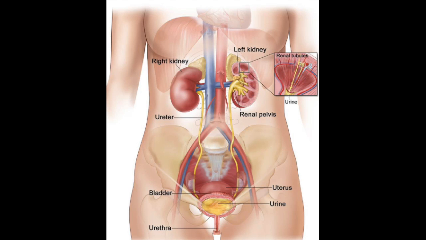The urinary bladder then connects to the urethra. If you are a male, then you have your prostate gland surrounding the urethra. But if you are a female, then you do not have a prostate gland. A prostate gland, sometimes as you get older in males, enlarges and that obstructs the flow of urine.